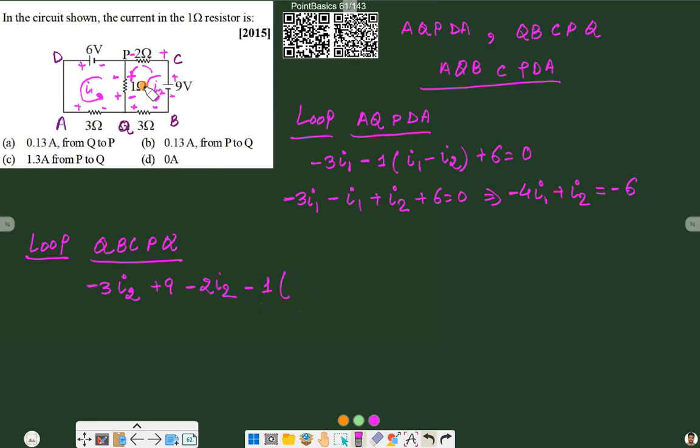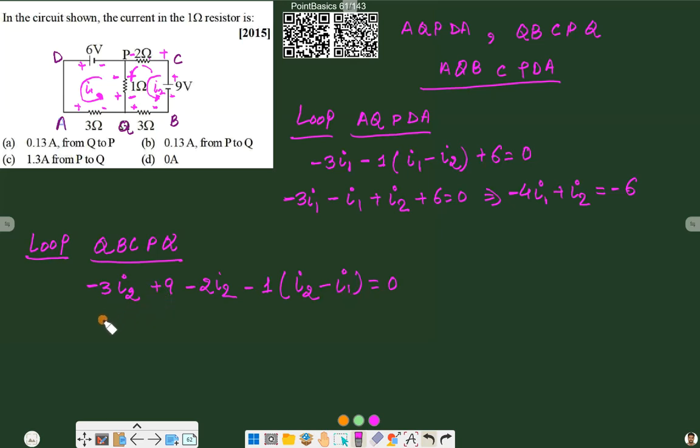As I2 is greater and I1 has direction opposite to I2, for the 1 ohm resistance, I2 is going downward and I1 is going upward. So this will be I2 minus I1, is equal to 0.